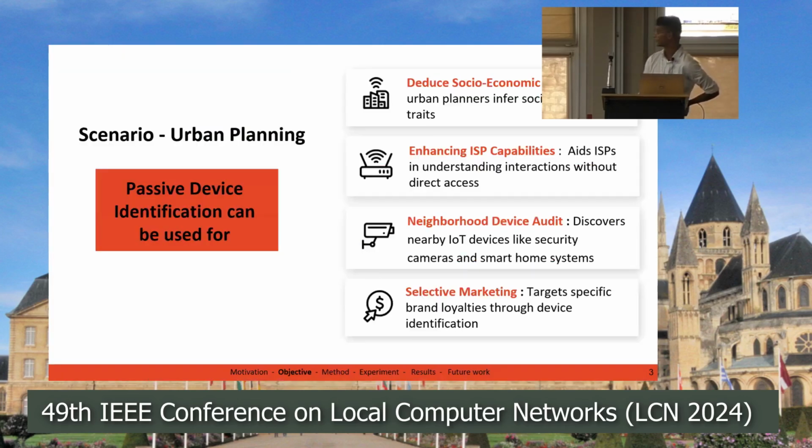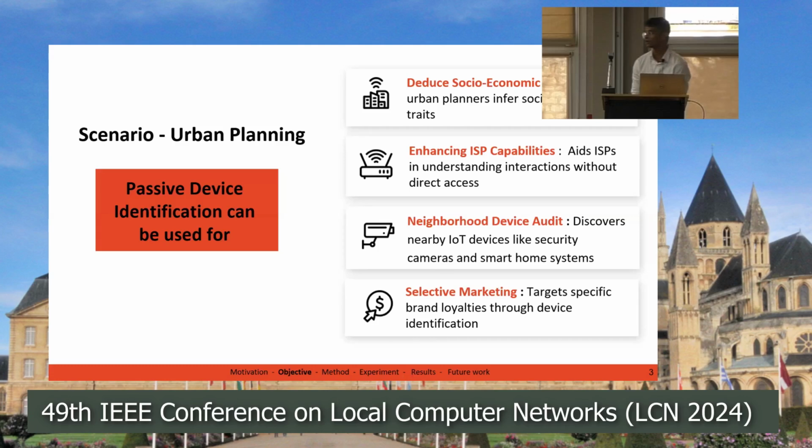So let's break it down into 4 potential scenarios. One is to deduce the socioeconomic backgrounds in a neighborhood. Say you've got a neighborhood and you want to identify where public infrastructure needs to be built. One way of doing this is to figure out what kind of devices are being used in different regions of a neighborhood.